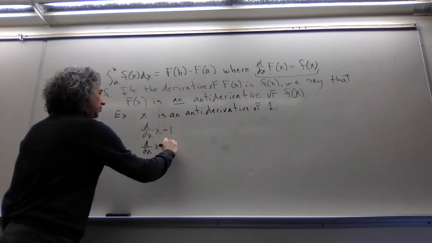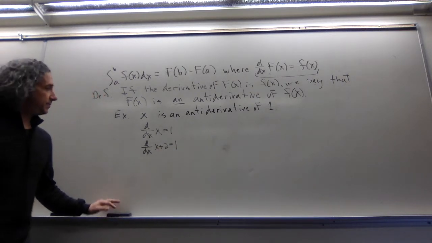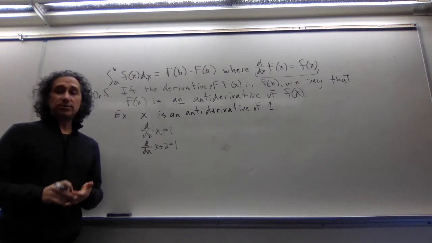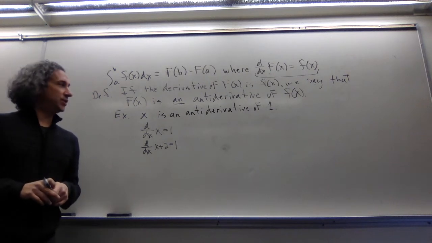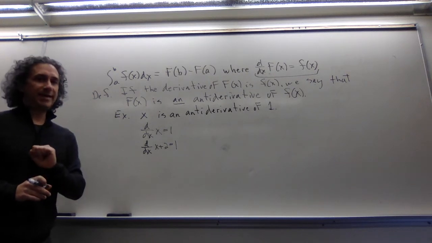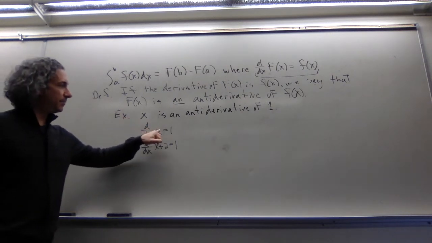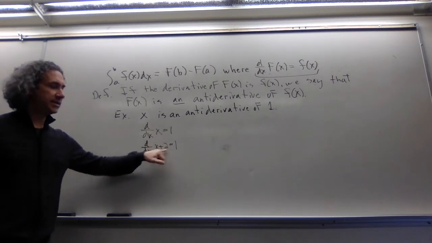Is x plus 2 an antiderivative of 1 as well? Sure is, because the derivative of x plus 2 is 1. In fact, there are an infinite number of answers to this question, both correct and incorrect. All the correct ones are of the form x plus some constant. So the constant here is plus 0, the constant here is plus 2.